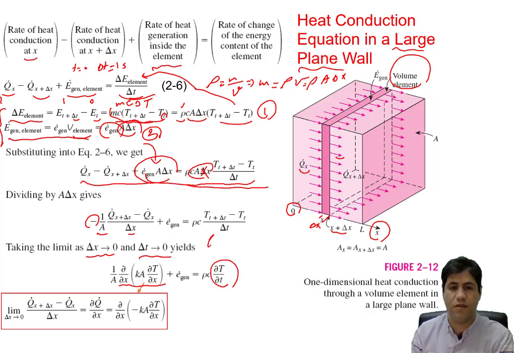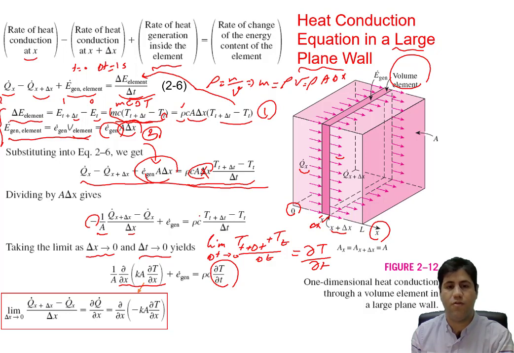This is the limit of T at t plus Δt minus T at t, divided by Δt, when Δt approaches 0. If you remember from mathematics, this means ∂T/∂t, so this term will become this.